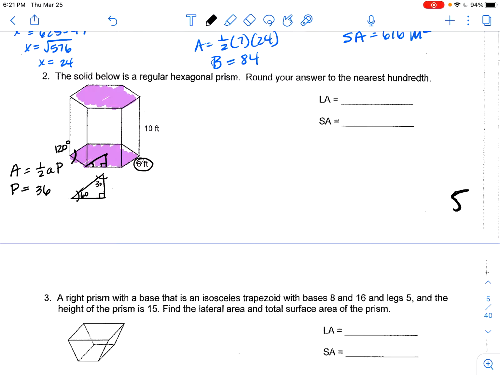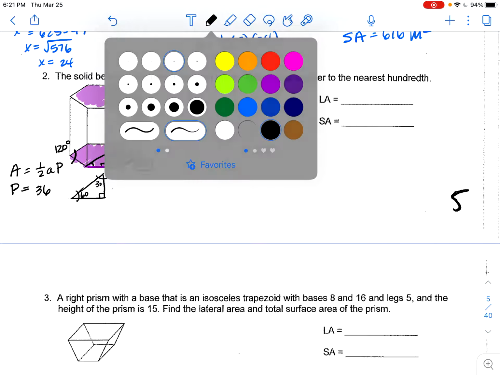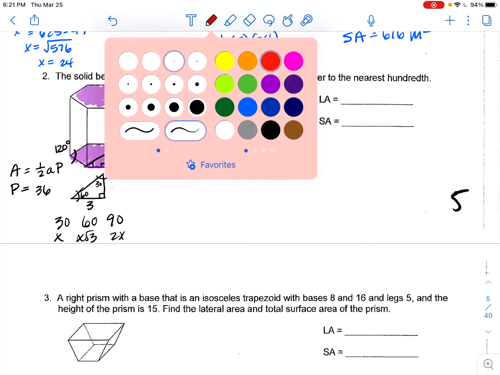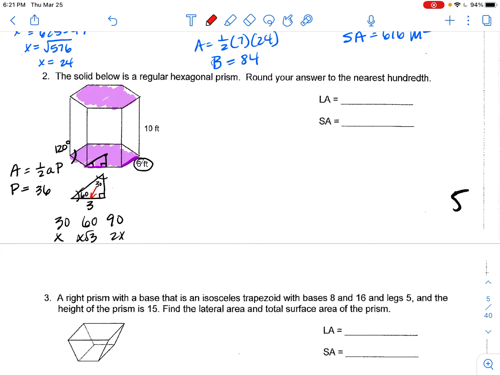Now, if one side length is 6, then half of this is 3. So this piece is 3. If we recall our 30, 60, 90 rules, this is x, x root 3, and 2x. Across from the 30 is equal to the x value, so that would be 3. This would be 3 root 3, which is the apothem.